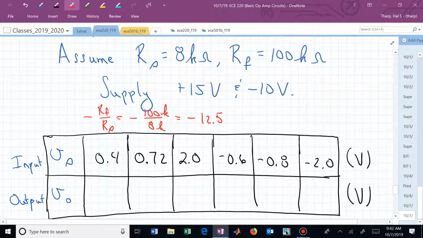Are you at least using a gain, a scaling factor of 12.5?